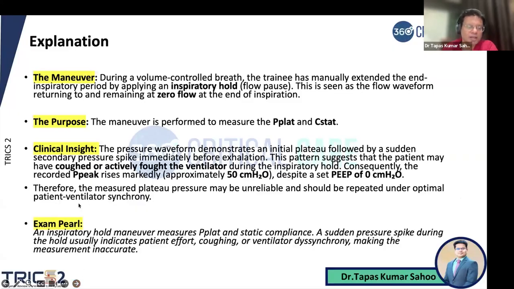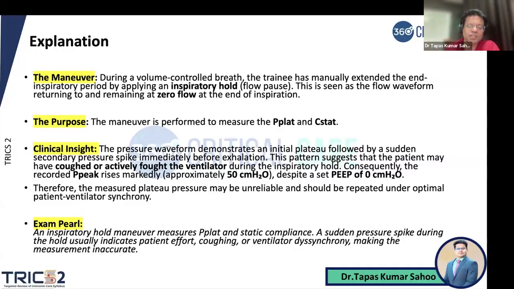Now the exam pearl here, what you should answer in your exam if the question is straightforward, what the trainee is trying to do and what is your interpretation. This is an inspiratory hold maneuver that measures Pplat and static compliance. Now I can see here a sudden pressure spike during the hold.